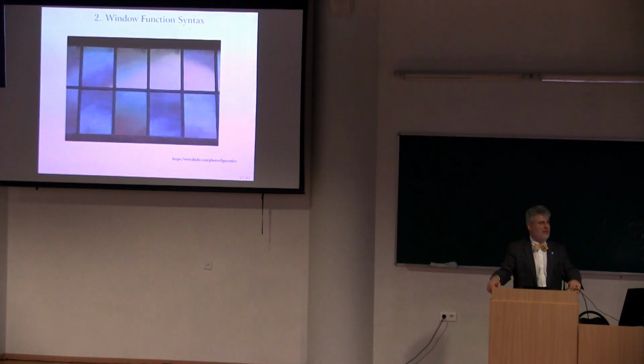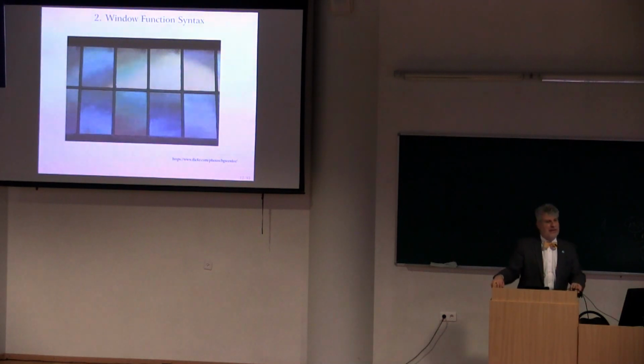I have a feeling they're recomputed on every row, but I'd have to look at the source code, I'm sorry. It would be a very interesting optimization, so you don't recompute the same value over and over again. Other questions?